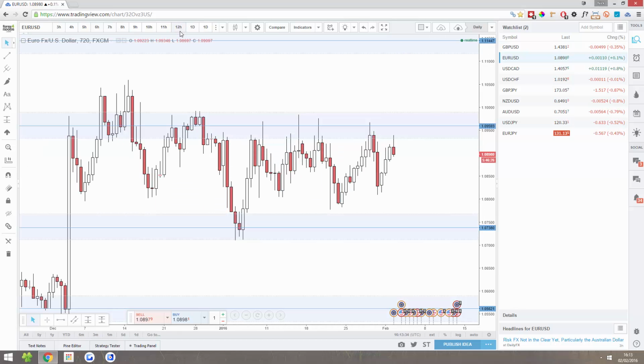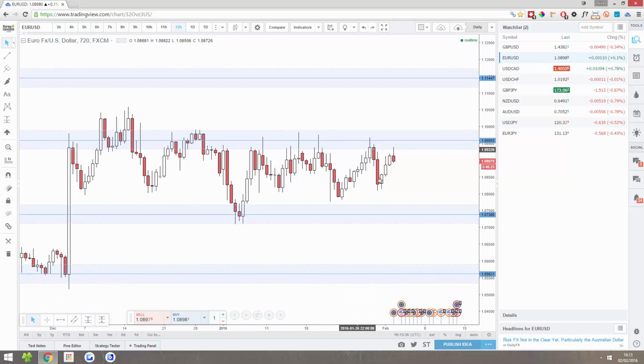But if we go back to, I think it was, the 12 hour, it looks completely different. I mean, we're still getting price bouncing from a resistance area, but the point at which this candle here closed is different. So this one closed here, whereas on the 8 hour, the candle closed up here at this point. And things like that can give you a different view of what price is doing.